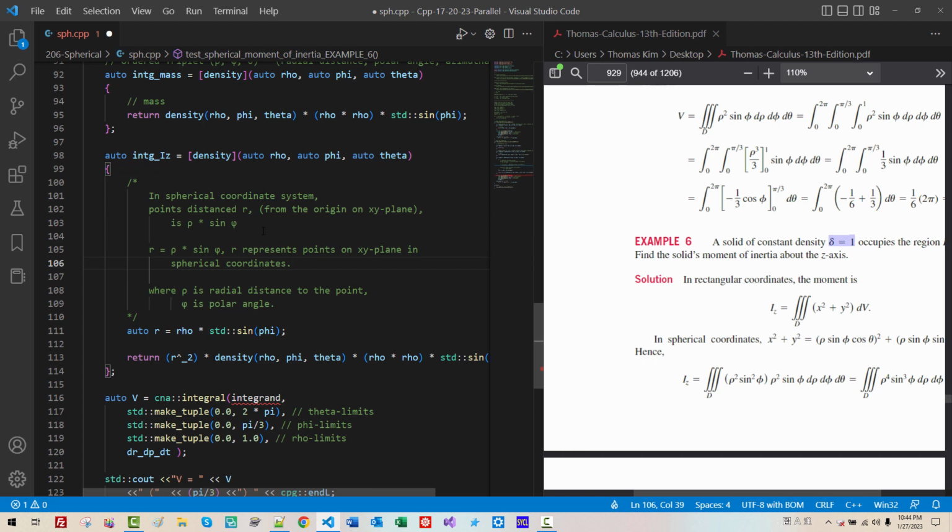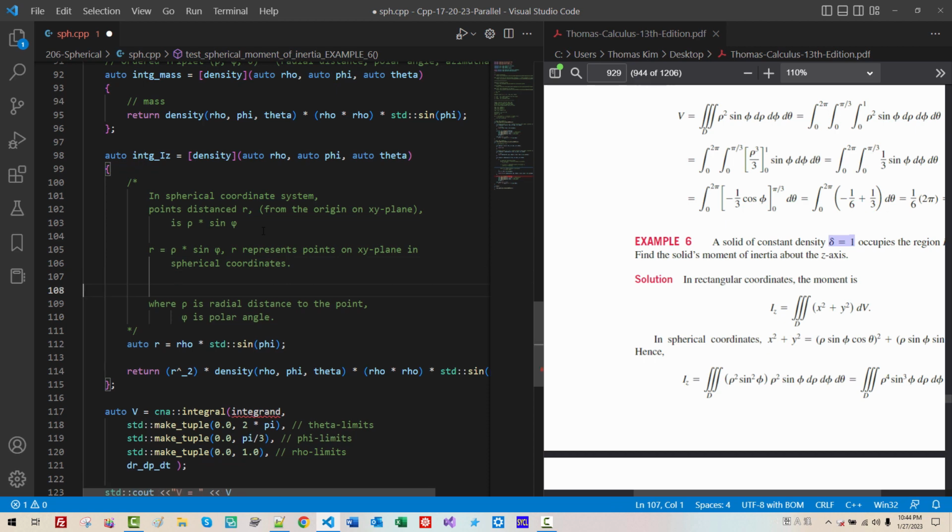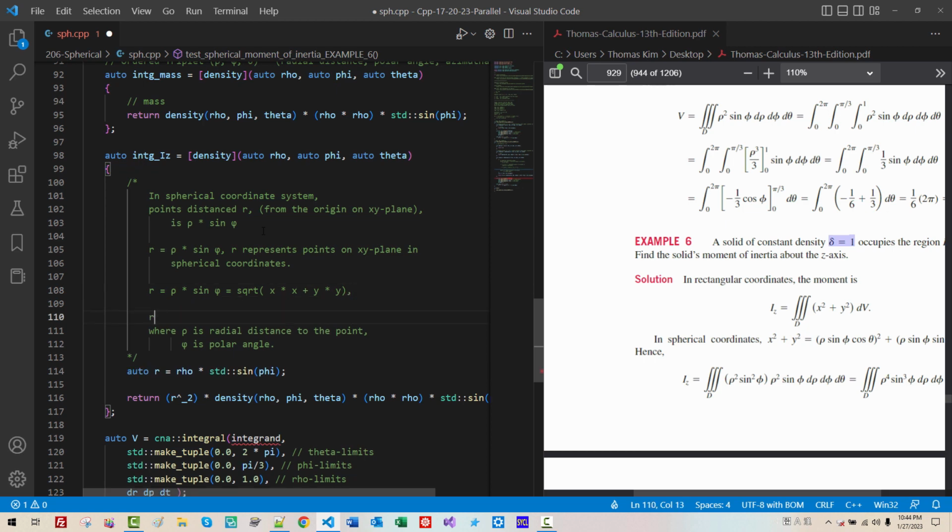You have to be very familiar with this concept, or it can be represented as square root of x times x plus y times y. So r squared equals x times x plus y times y. So we have to multiply r squared. You should never forget this.